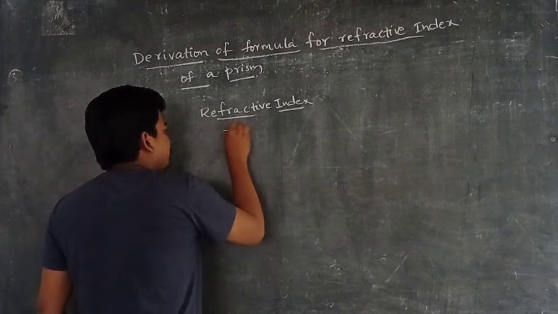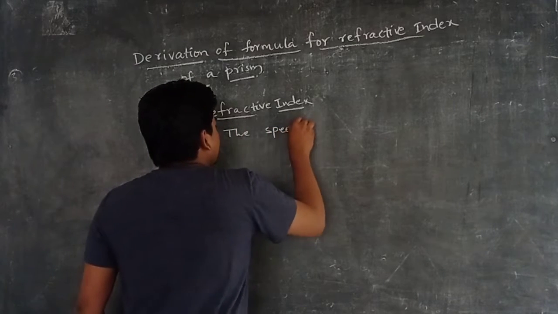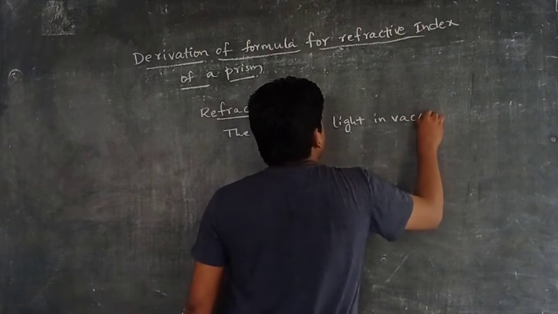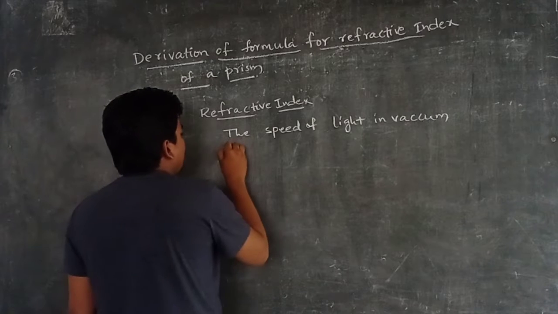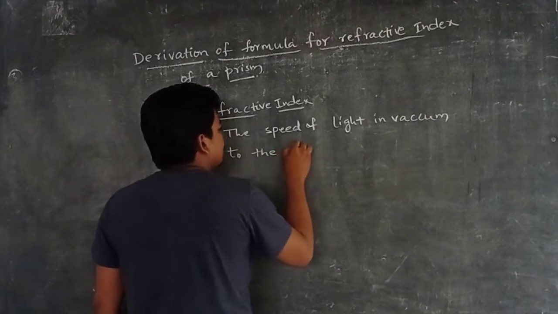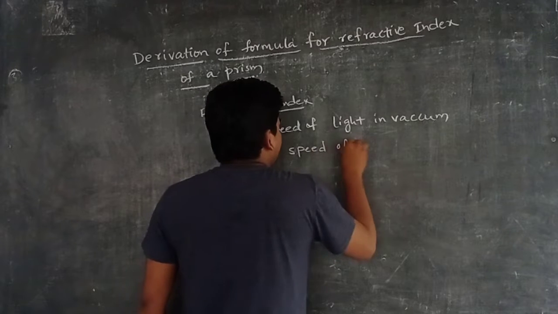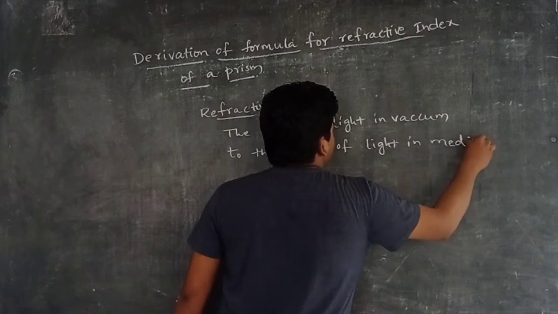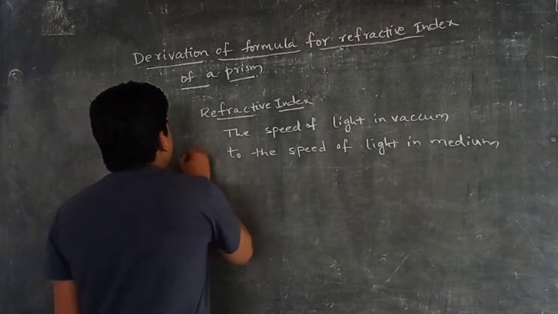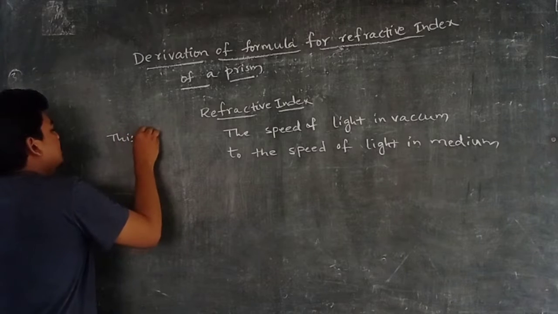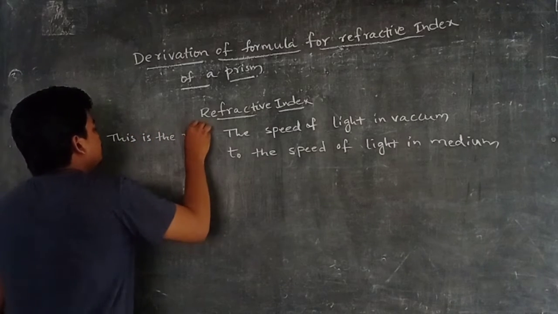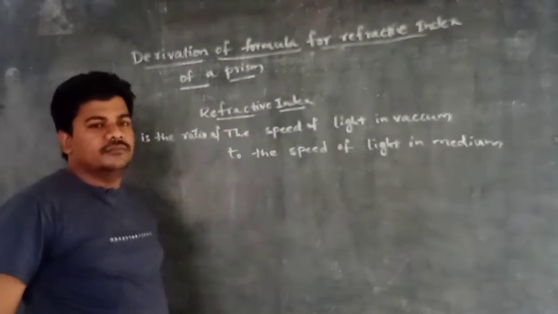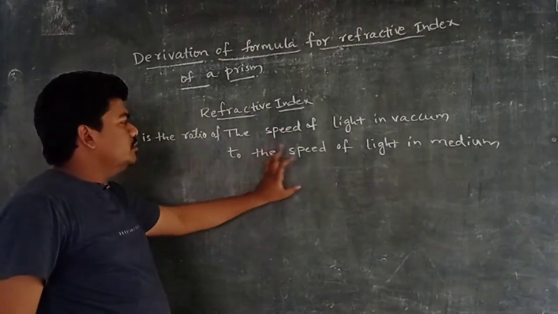That is the speed of light in vacuum to the speed of light in a medium. This is the ratio of the speed of light in vacuum to the speed of light in a medium.